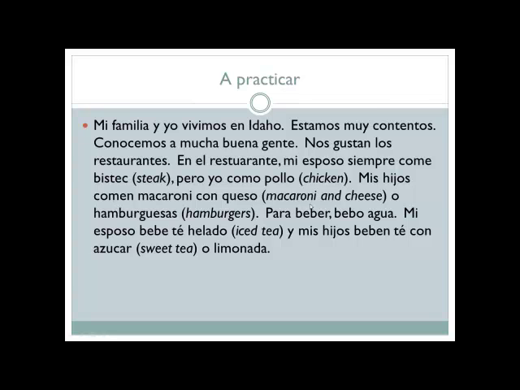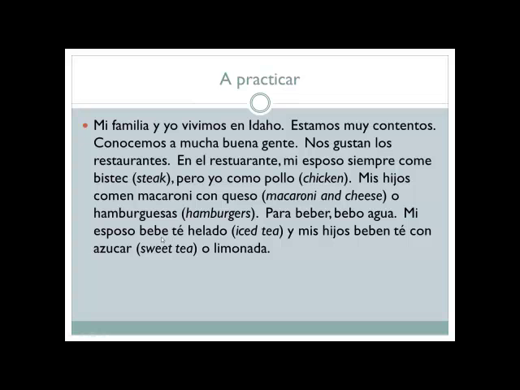Para beber, here we have the infinitive of a verb, which you'll sometimes have depending on the context, to drink. Para beber, bebo agua. So who is the subject of this sentence? There is no stated subject, but we can tell from the o ending that the subject is yo, or I. Bebo agua. Mi esposo bebe té helado.